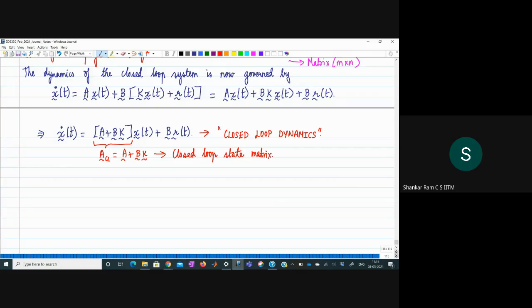So that's what people are referring to when they are talking about the closed loop system dynamics. We substitute the structure of the control input into the state equation, and then we obtain the closed loop system dynamics.